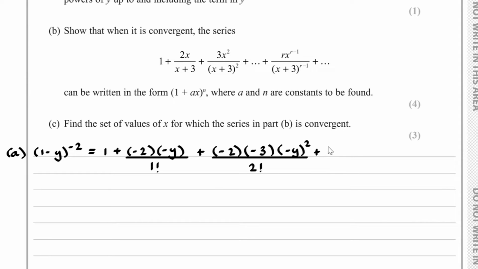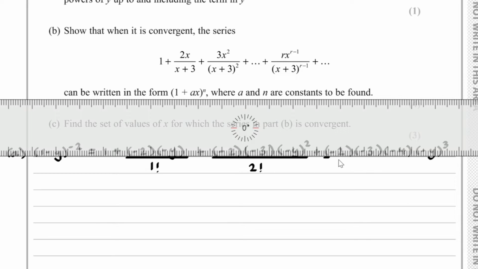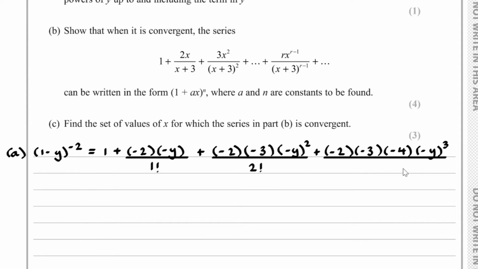For the next term, we've got minus 2 multiplied by minus 3 multiplied by minus 4 multiplied by minus y to the power of 3. And then we divide this by 3 factorial. And then we've got higher order terms.